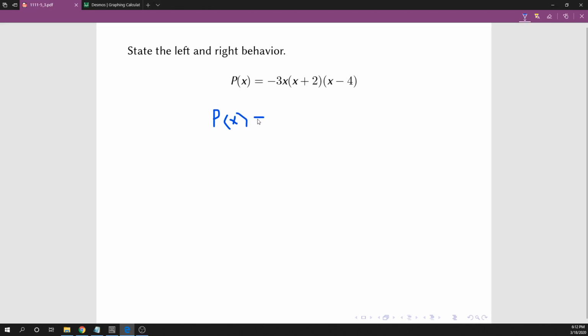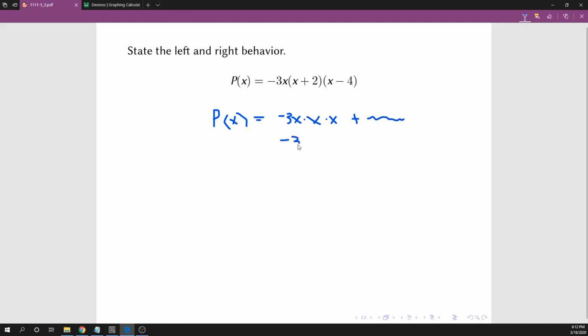If you multiplied all this out, we know that it would be minus 3x times x, which is the leading term of this polynomial times the leading term of this polynomial, right? And then plus some other stuff which we're not going to work out.